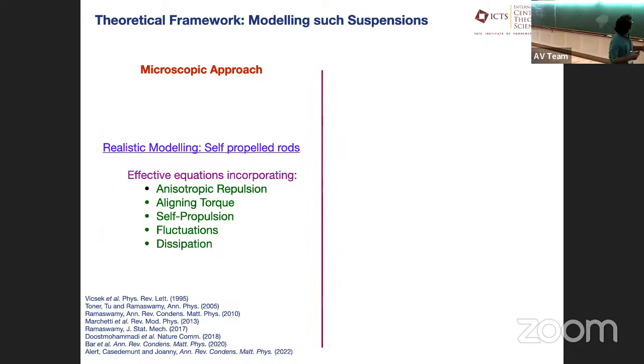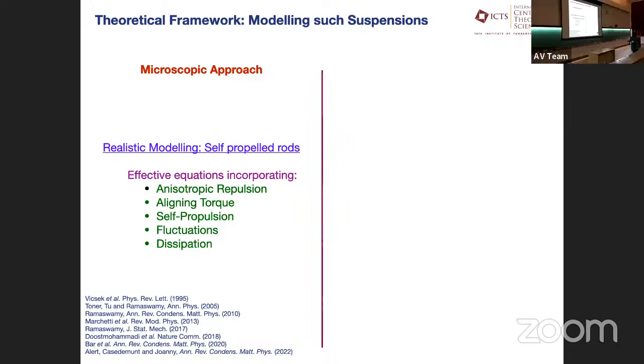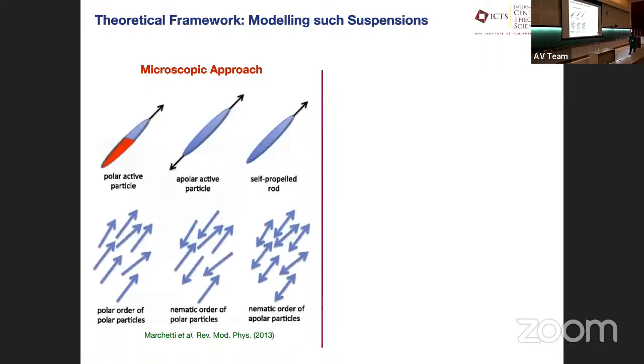The microscopic approach, of course, several people, some of whom will be giving lectures next week, also incorporates more realistic models of active matter, where you think about self-propelled rods. You incorporate more of the physics, more of the biology, more of realism in trying to model these systems, but building up from a microscopic picture.